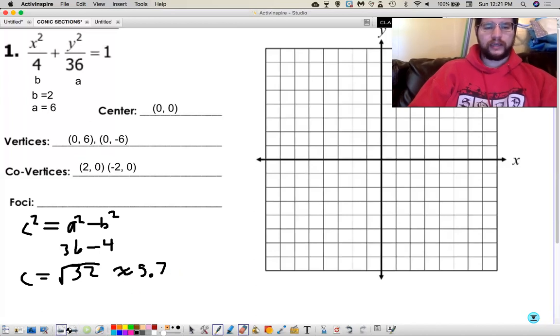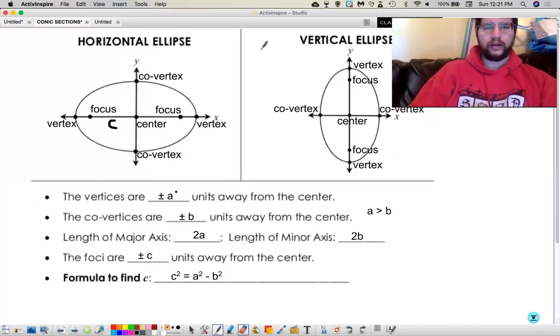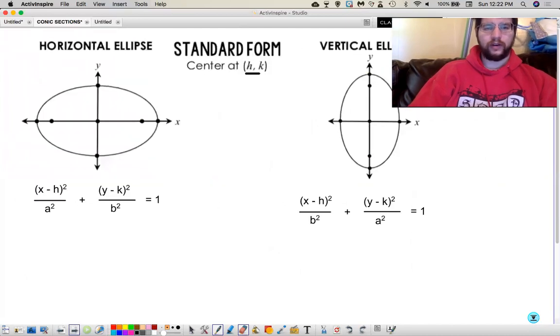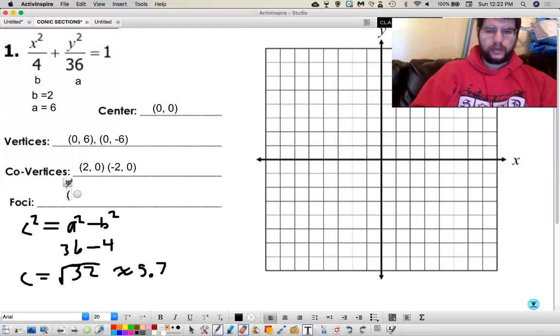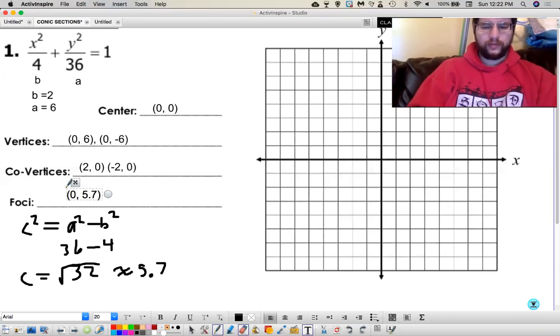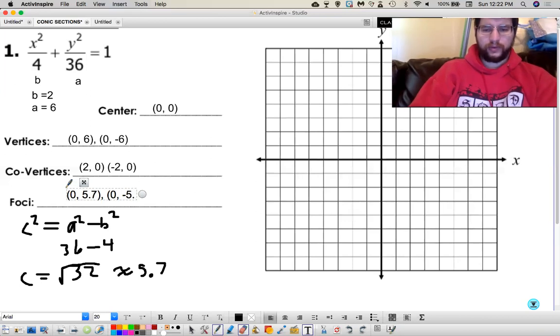Now the foci, if you look, are always going to be on your major axis. So if we have a vertical ellipse here, our foci are going to be on the major axis, which is vertical. So I'm going to change my y values. It's going to be 0, 5.7, and 0, negative 5.7.